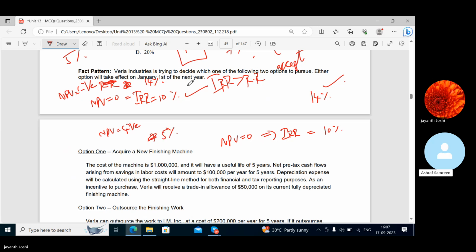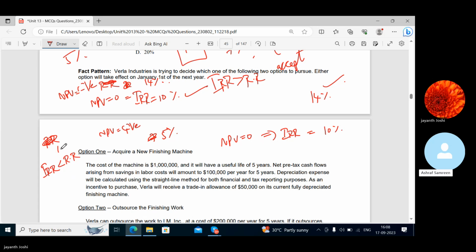So this is your required rate of return. What is happening if your IRR is less than the required rate of return? NPV is getting negative. At this you will break even; at this you will get a negative NPV.